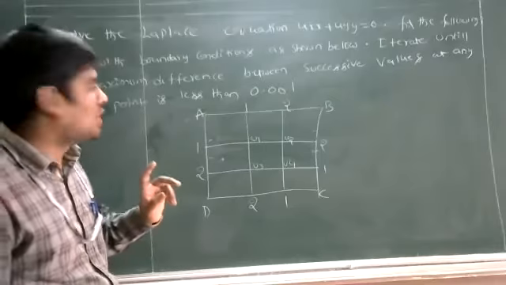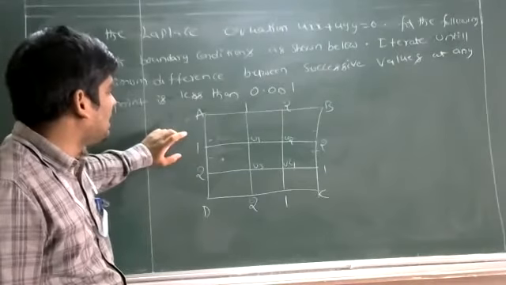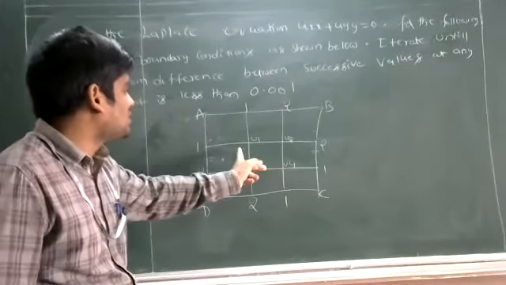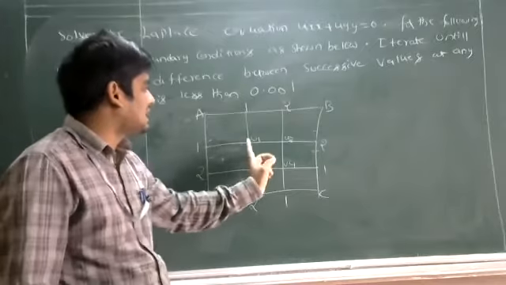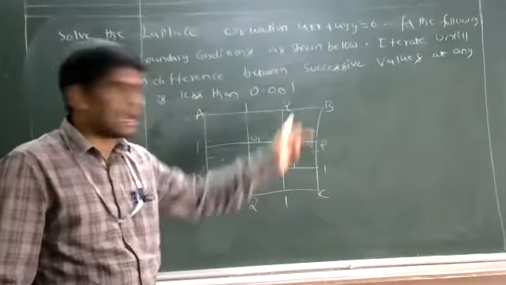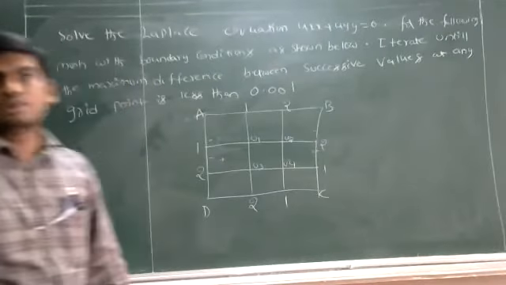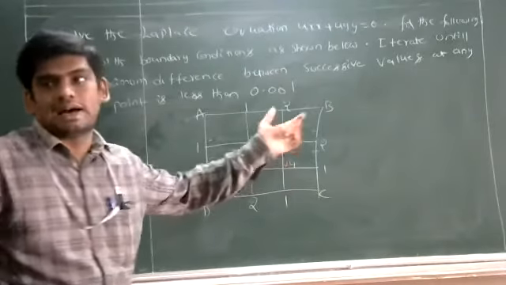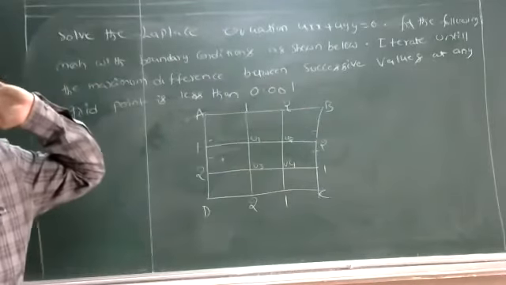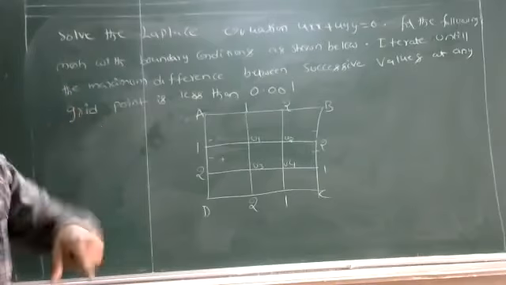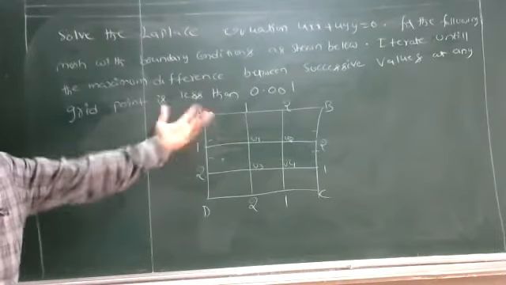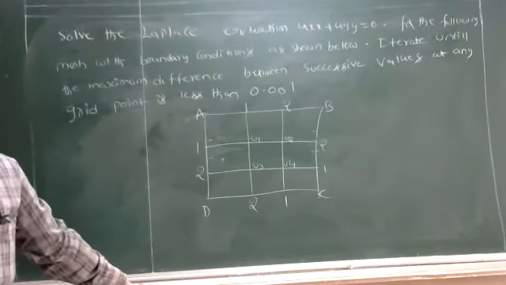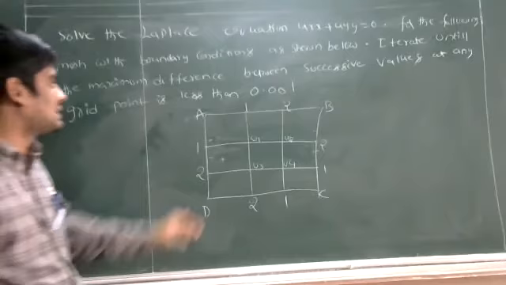Similarly for u2, if we apply the standard formula, u1 and u4 are unknowns. So we consider one value as 0, and then evaluate the other values using the previous values. That is the task here.